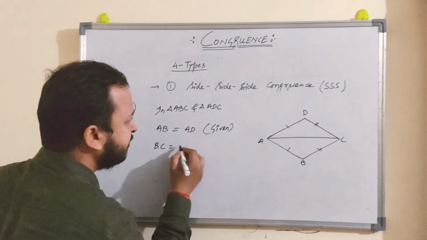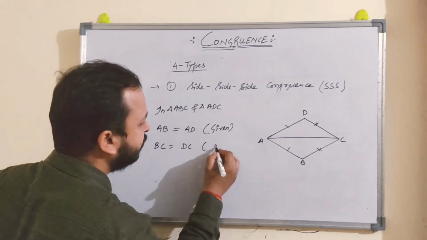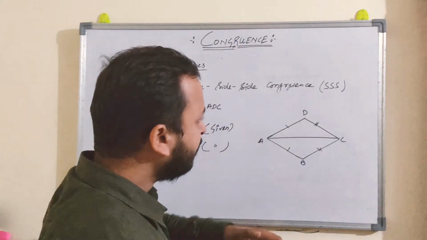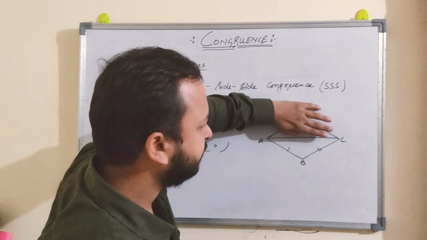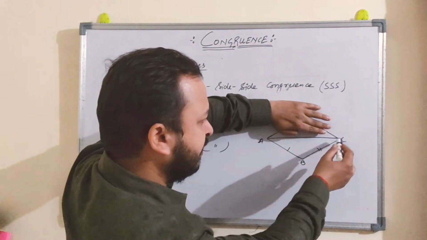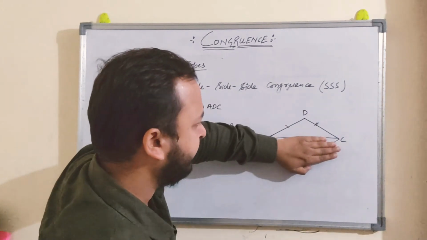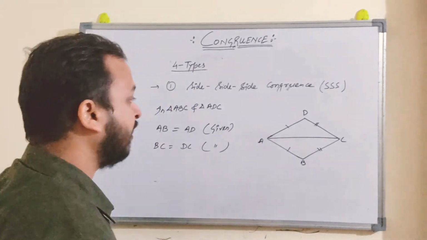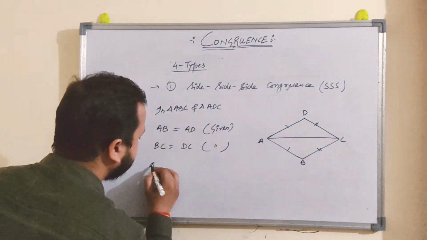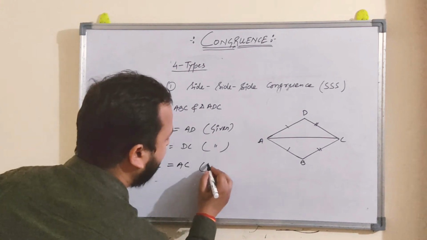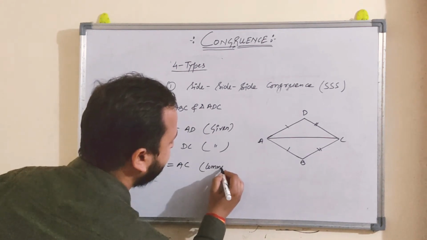So BC is equal to DC. It is also given. And you can see that if you cover this part, you have AC for this triangle. This is the base, and if you cover this part, you also have AC. So AC is common in both the triangles. So AC is equal to AC. Why? Because this is common.